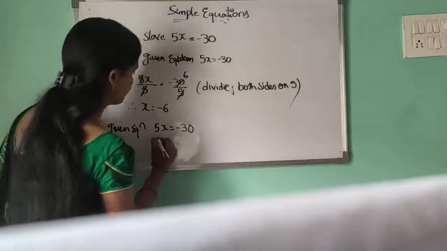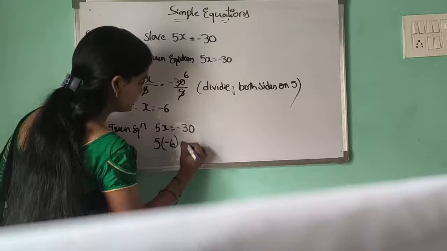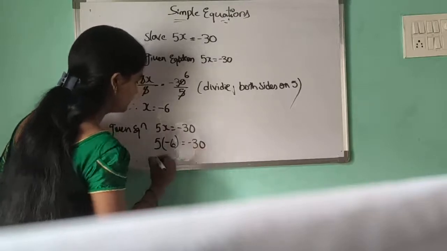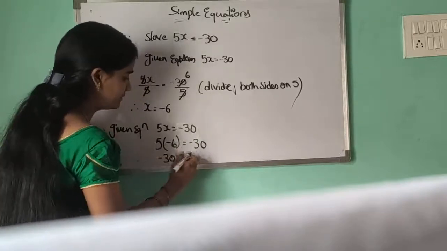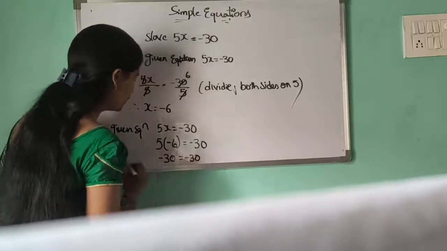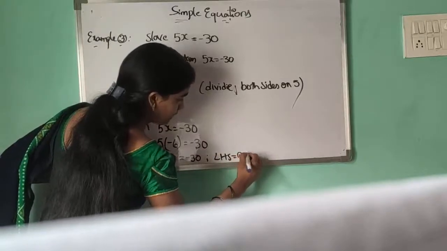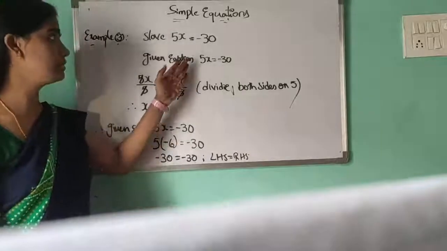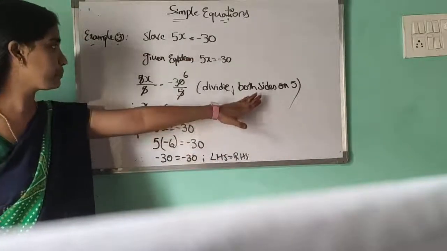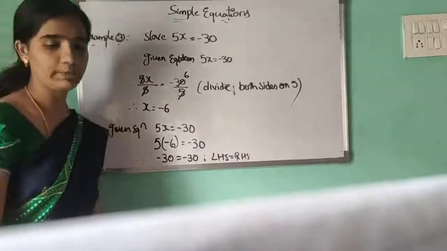So 5 into the x value, minus 6, equals minus 30. 5 times 6 is 30, so minus 30 equals minus 30. So LHS equals RHS. In this way, we solve the given equation using the division method.